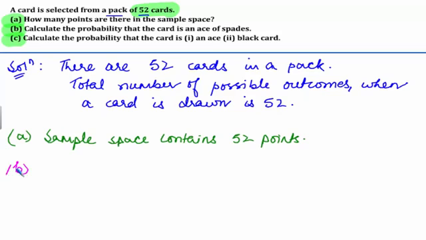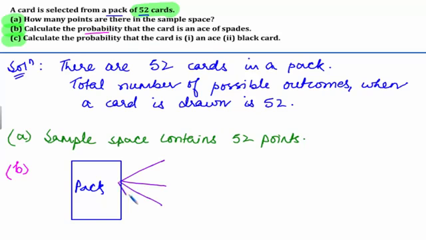In the second part, we have to find the probability that a card is an ace of spade. Now, we know that in a pack of cards, there are 4 types of cards. There are 13 spade cards. There are 13 diamond cards.